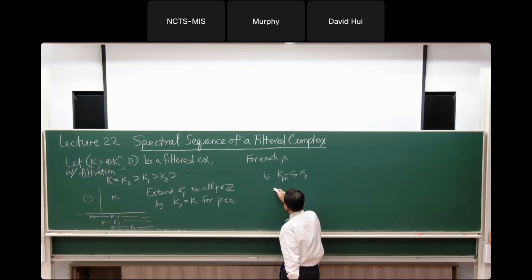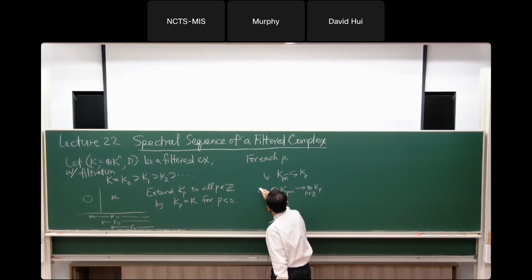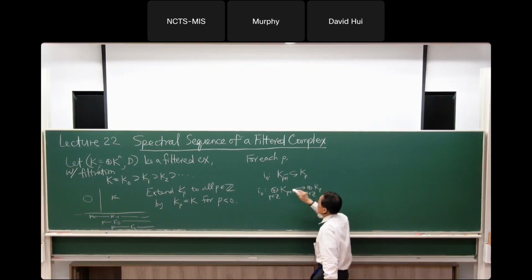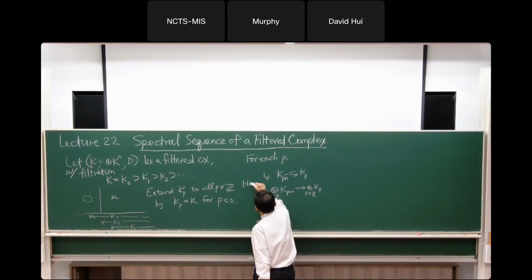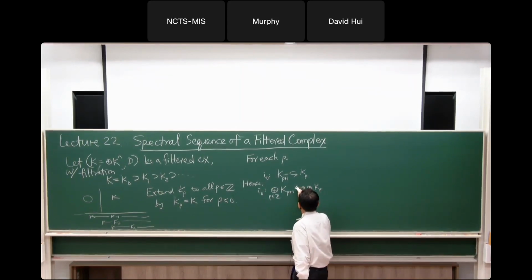And then you can sum this up over all p, and it's actually an inclusion map.